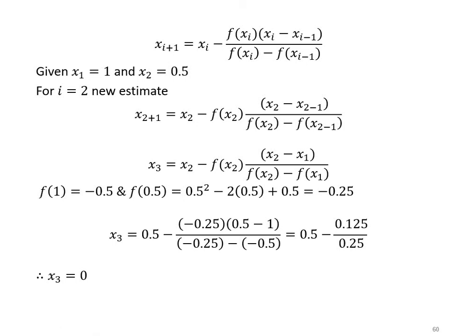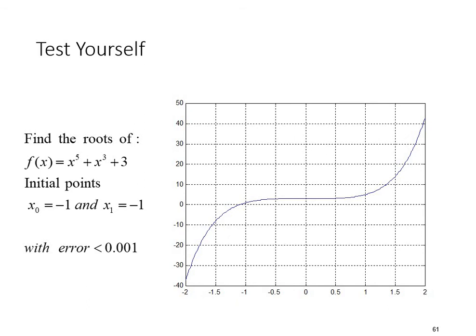So thank you. You can test yourself and try this question. Pause the video, try to solve this question. I've sketched this graph so that you know, for this function f of x, when you're computing your f of x there, you can at least make some reference to this graph.